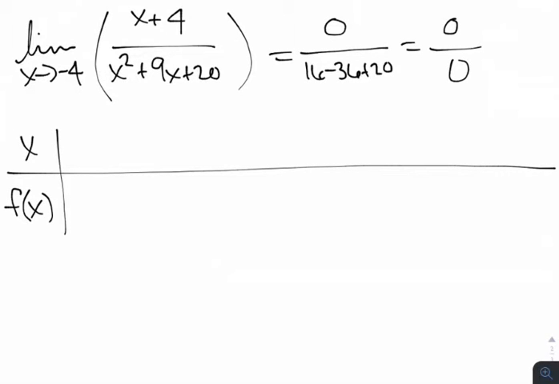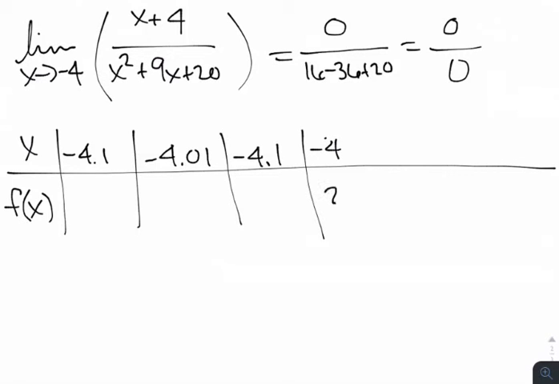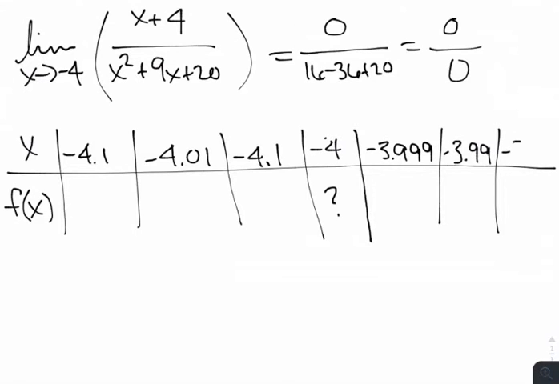And then we use -4.1, -4.01 and -4.001. And then we have -4. We're going to put a question mark under it. And then we have -3.999, -3.99, and -3.9. So let's put into our calculator what the actual numbers are.